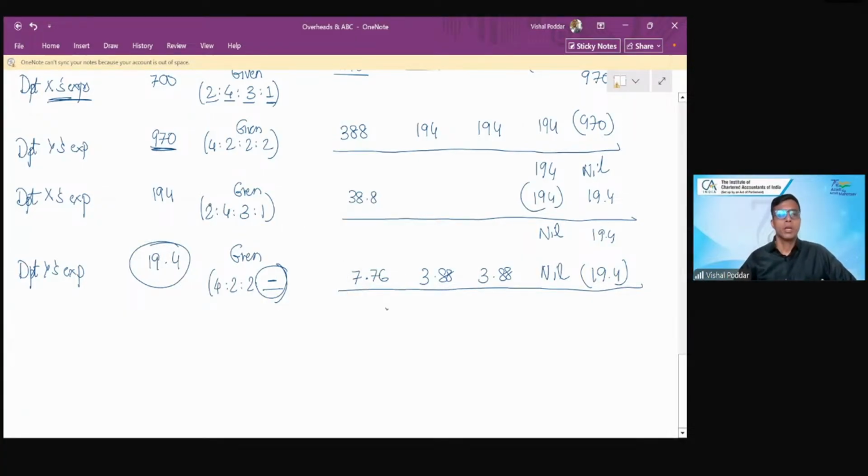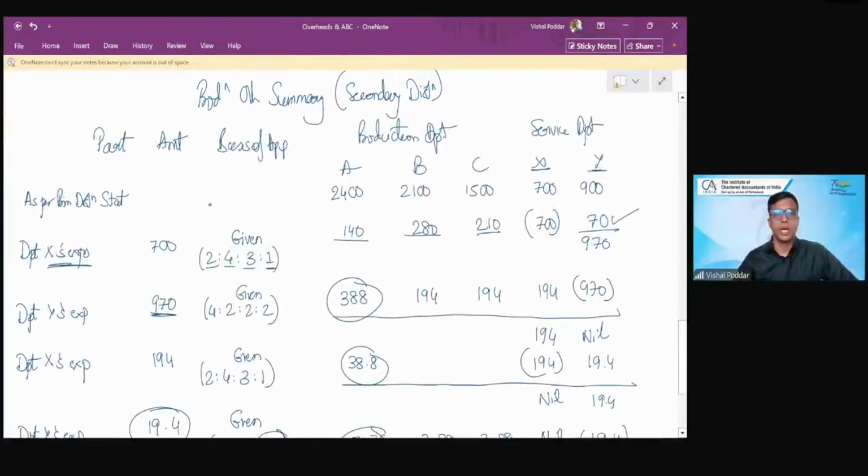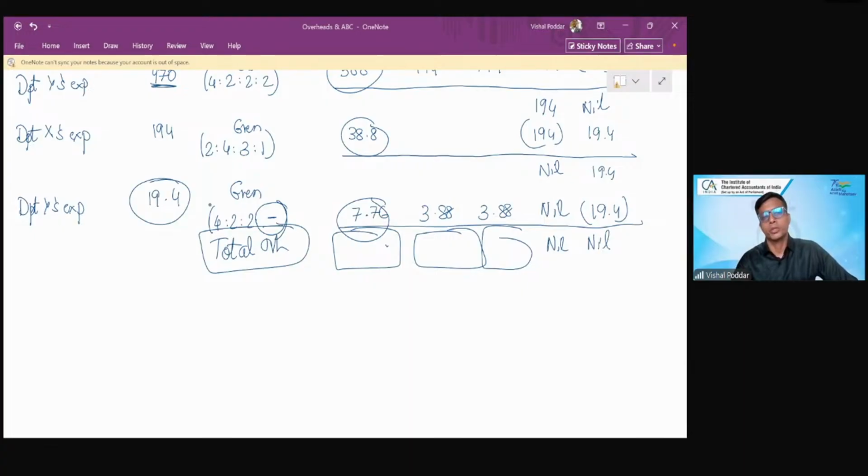Correct? Now when I take the final total, this is nil. And now adding up all these amounts which I have apportioned at different stages plus the original, I get the total expense of department A, of B, of C. So this becomes the total overheads finally only of production departments, which I will be using for apportionment.